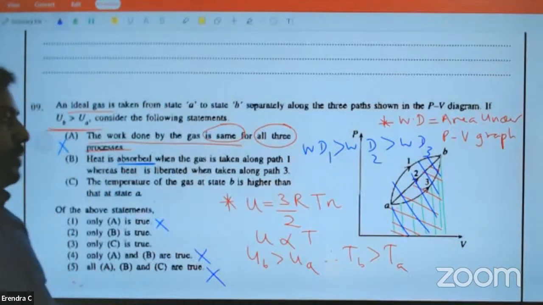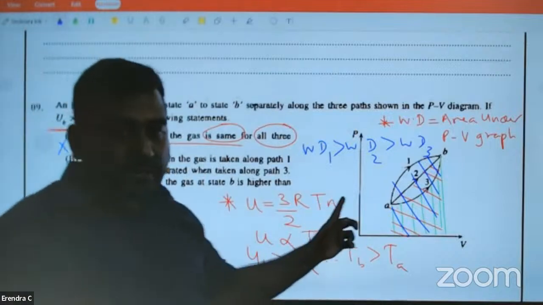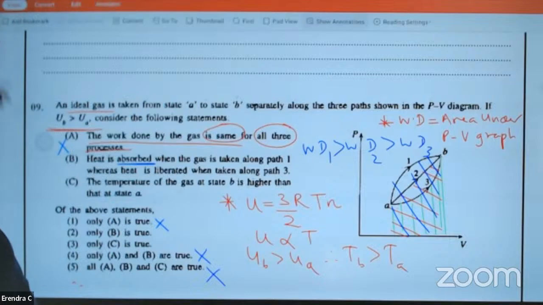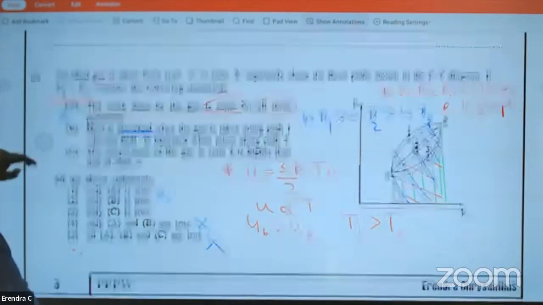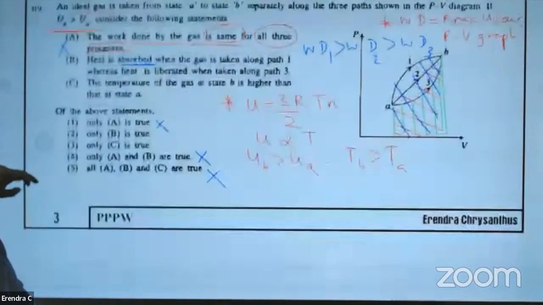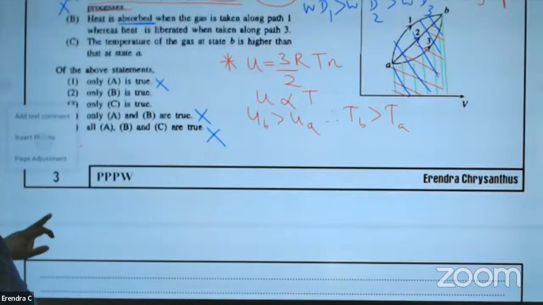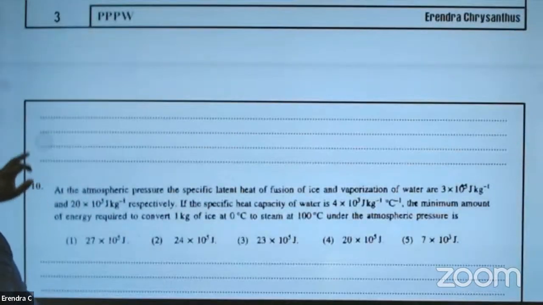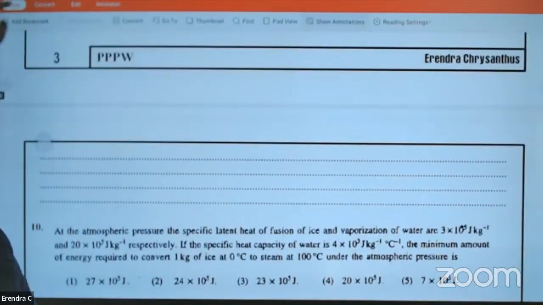whereas heat is liberated when gas goes along path 3. Right. Now look at this. Workings are here. Right. Look.